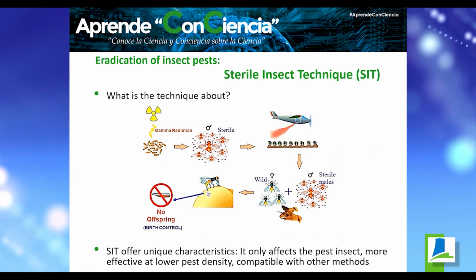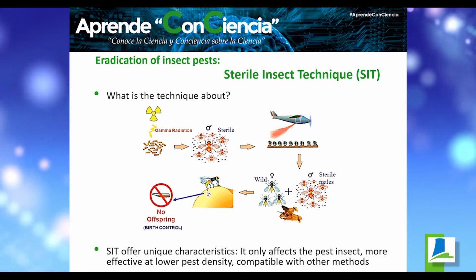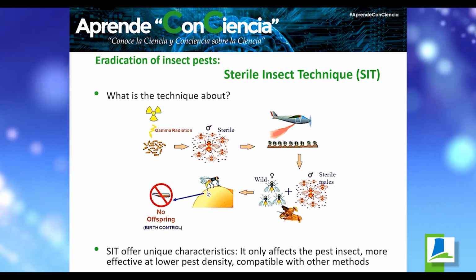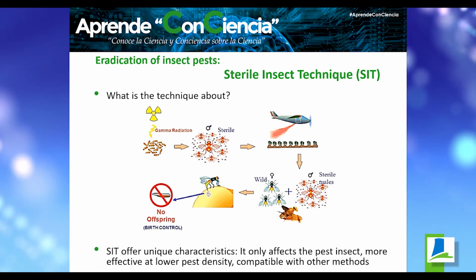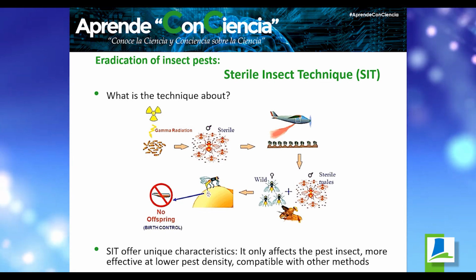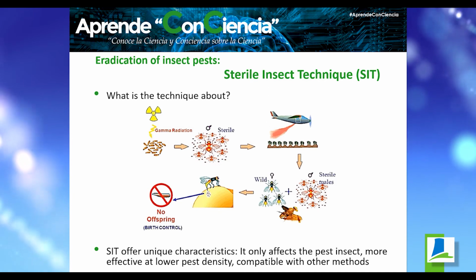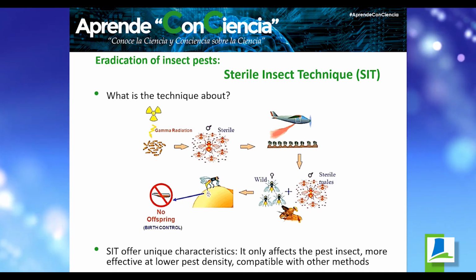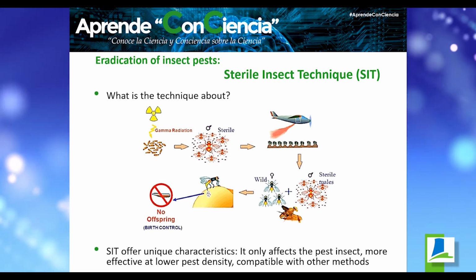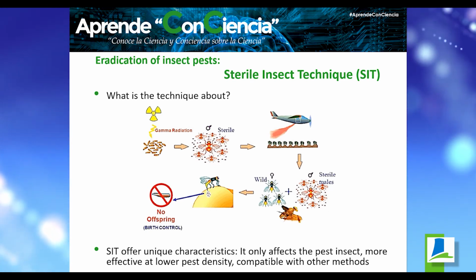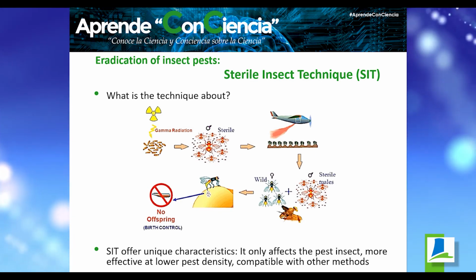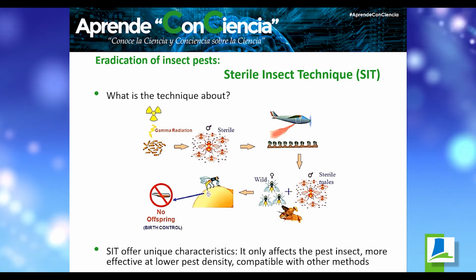In addition, this technique is more effective when the density of insects in the pest is low, and it can be used together with other methods, for example pesticides or insecticides. This technique does not introduce non-native species into the ecosystem. The sterile insect technique has been successful in controlling a number of insect pests, including fruit flies, tsetse flies, moths, and mosquitoes.